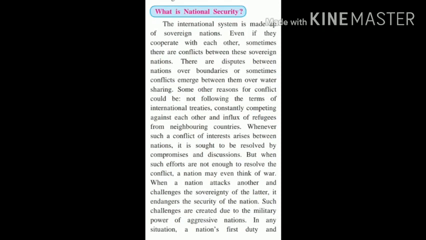And influx of refugees from neighboring countries. Influx means large numbers. If large numbers of refugees are coming from a neighboring country, then there can be chances of disputes. For this, we have the example of India and Bangladesh.